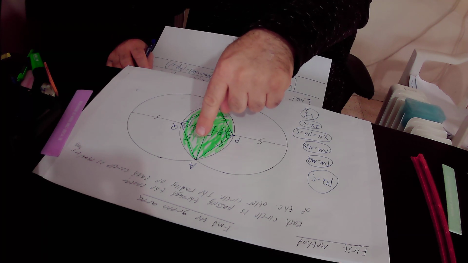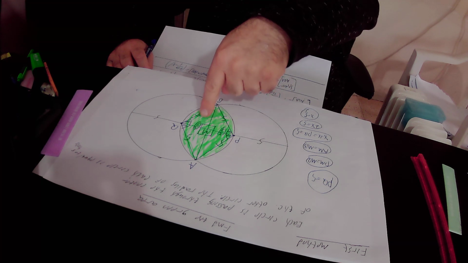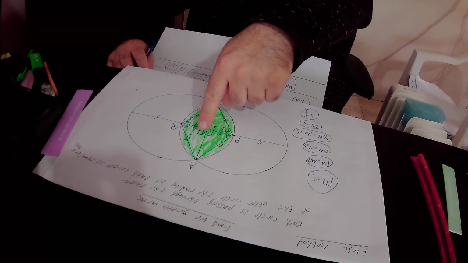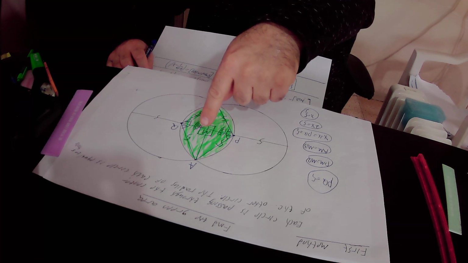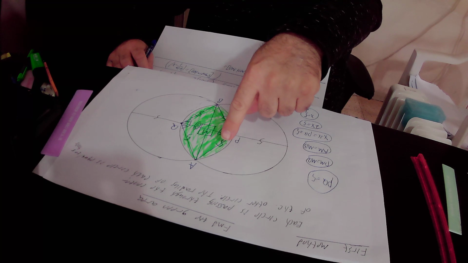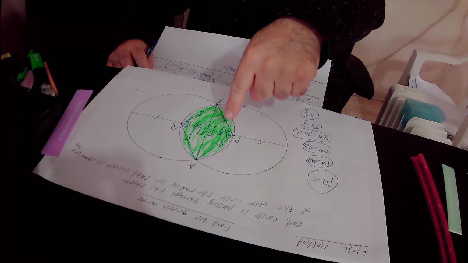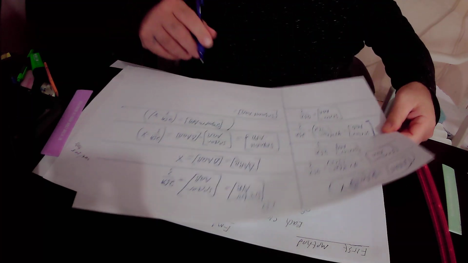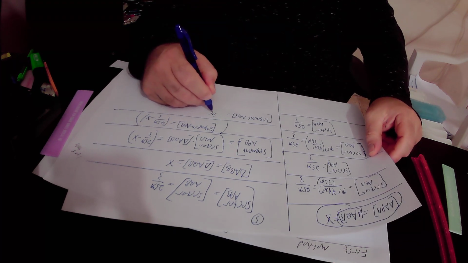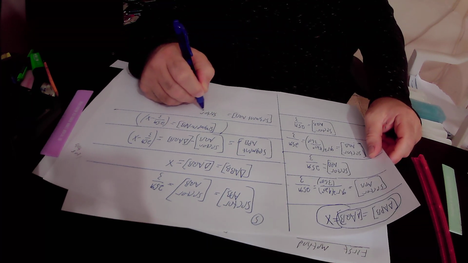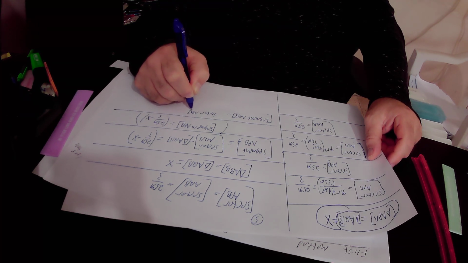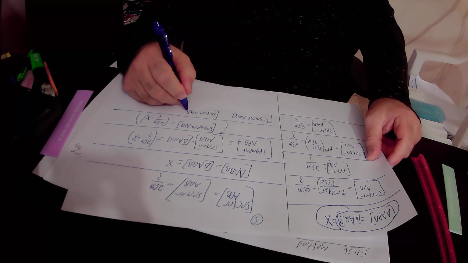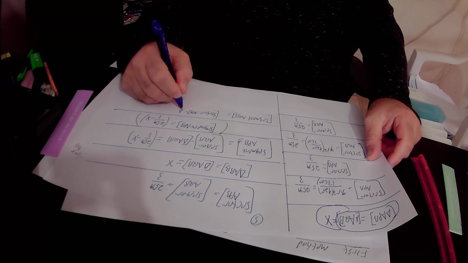So the area of segment AQB, the shape that is like a semicircle, will be equal to the area of sector APB minus the area of triangle APB.